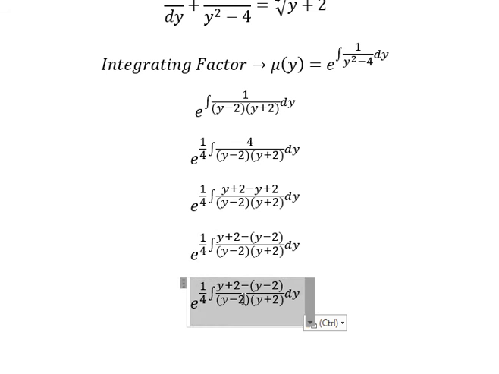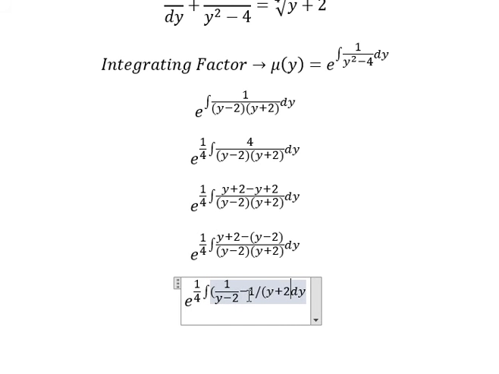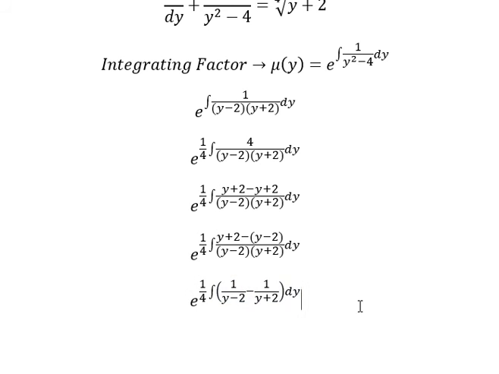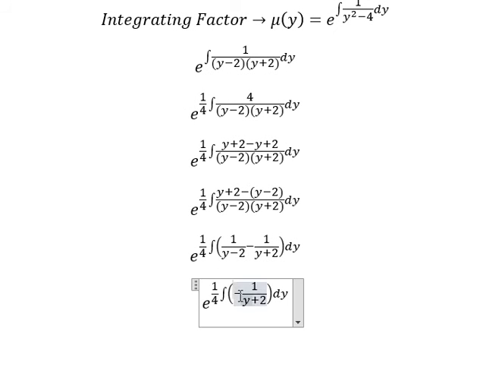So in this one, we will have 1 over y minus 2 minus 1 over y plus 2. The integration of 1 over y minus 2, we will have ln of the absolute value of y minus 2 minus ln of the absolute value of y plus 2.